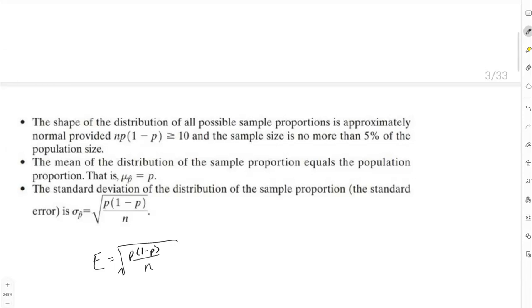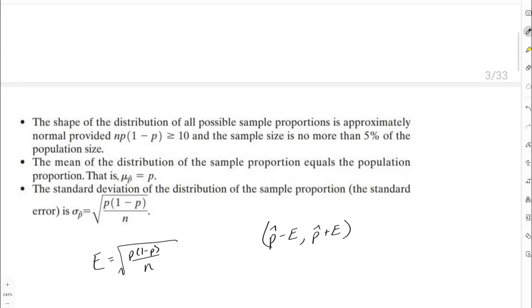So I'm going to find this number, and I'm going to take p hat, add and subtract that number. When I take p hat and subtract that number, I'm going to get a lower bound. When I take p hat and add that number, I'm going to get an upper bound. So then we could be 95% confident that the true population parameter would live between the lower bound and the upper bound. And that's our goal, is to figure out where it would live.